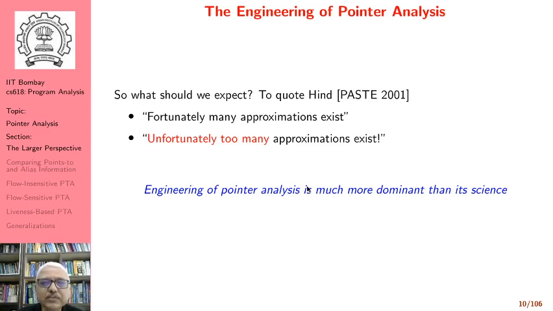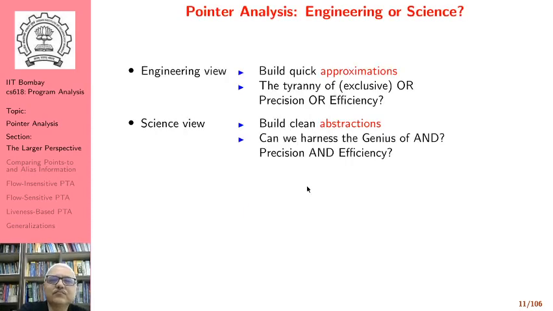So what I'm trying to say is that the engineering of pointer analysis is much more dominant than the science of pointer analysis. So what is the difference between the engineering view and the science view? The engineering view is to build quick approximations, which is governed by the tyranny of exclusive OR. If you have friends and acquaintances in the corporate world, you would have heard this phrase, tyranny of OR, and we mean exclusive OR.